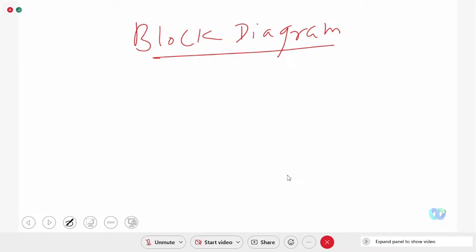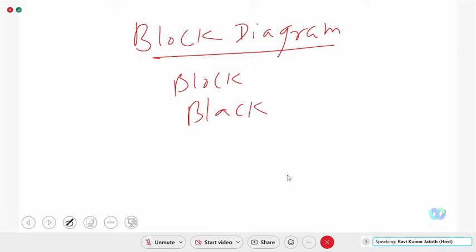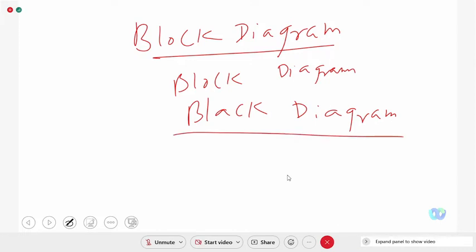There are two terms. One is block, another one is black. You heard about black diagram? No, sir. Right. Black diagram, transistor, block diagram, two-port network.